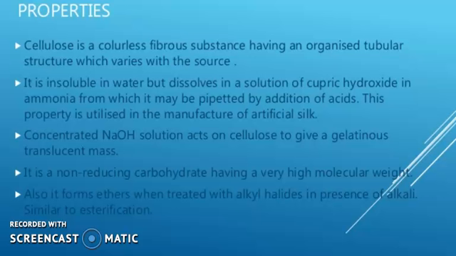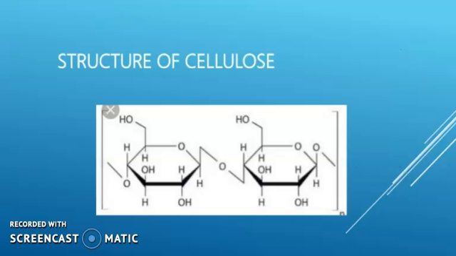Concentrated sodium hydroxide solution acts on cellulose to give a gelatinous translucent mass. It is a non-reducing carbohydrate having very high molecular weight. Also it forms ethers when treated with an alkyl halide in presence of alcohol, and similarly esterification.